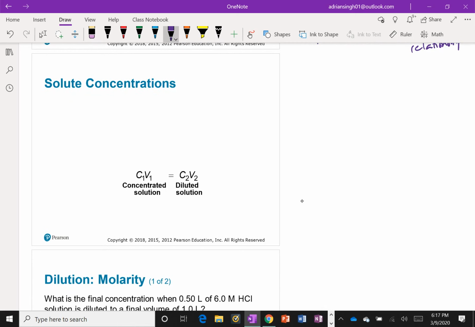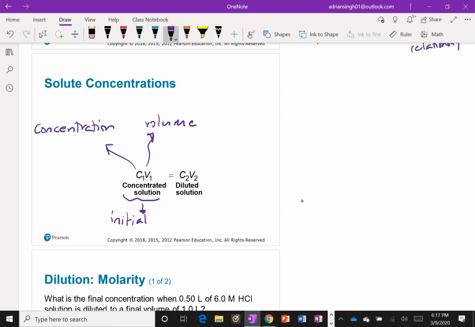We have C1 times V1. The C here just means concentration, and the V obviously means volume. And the subscript ones, just like in the gas laws, mean your initial conditions, which in this case is the more concentrated solution.